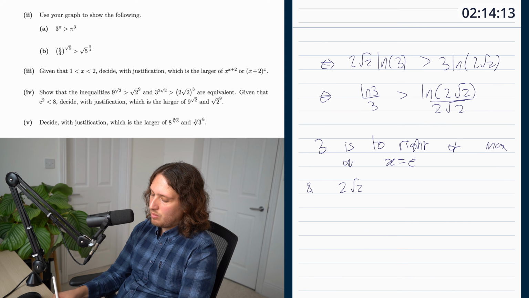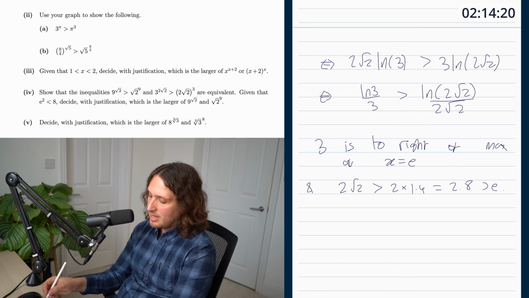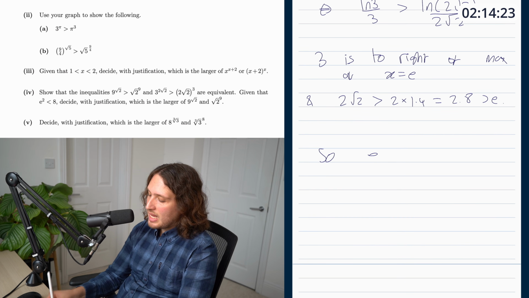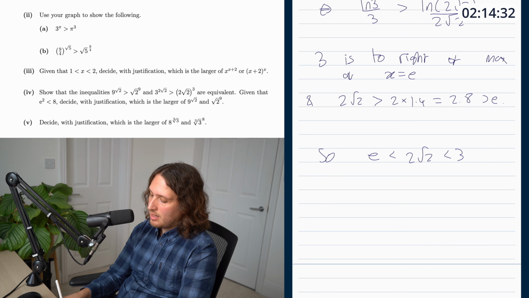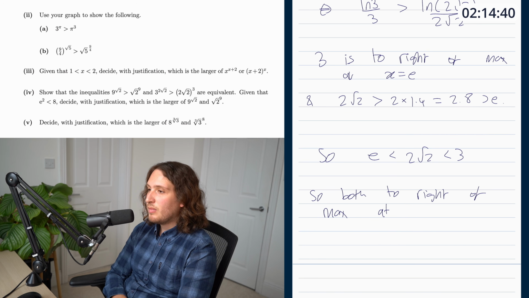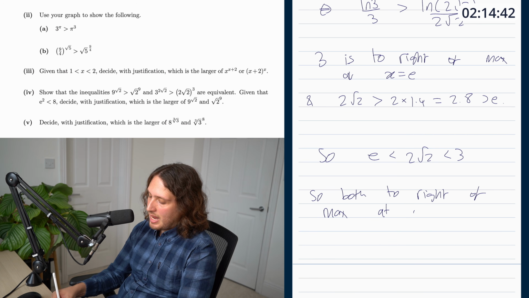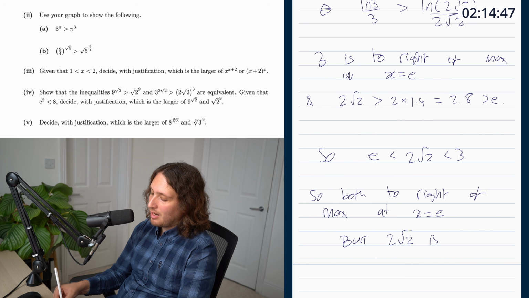And 2 root 2 is bigger than 2 times 1.4, which is 2.8, is bigger than e. So I have got e, then 2 root 2, then 3. So both are to the right of the maximum at x equals e, but 2 root 2 is closer.